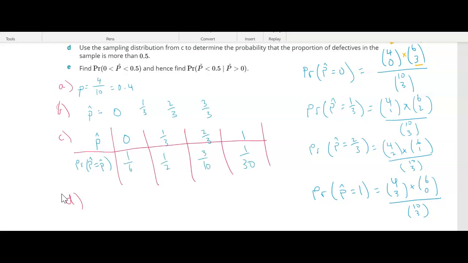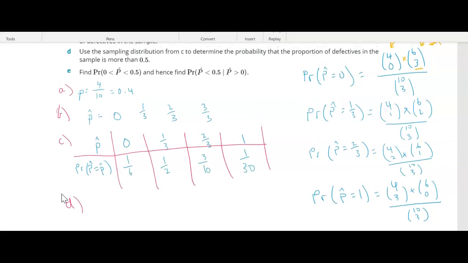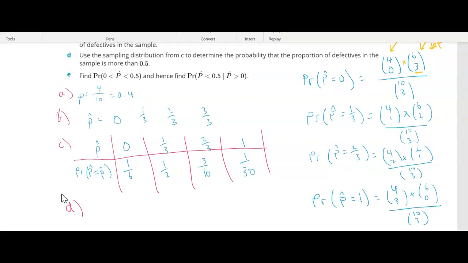All right, for question D, let me just scroll up so we can see it. Use the sampling distribution from C to determine the probability that the proportion of defectives in the sample is more than 0.5. So we want the probability that P is greater than 0.5.